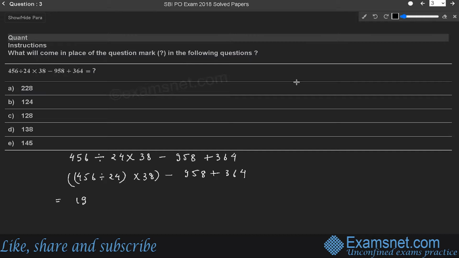So this will be 19 into 38 minus 594. So it will be equal to 722 minus 594, which will be equal to 128. So the required answer for this question is option C, which is 128.